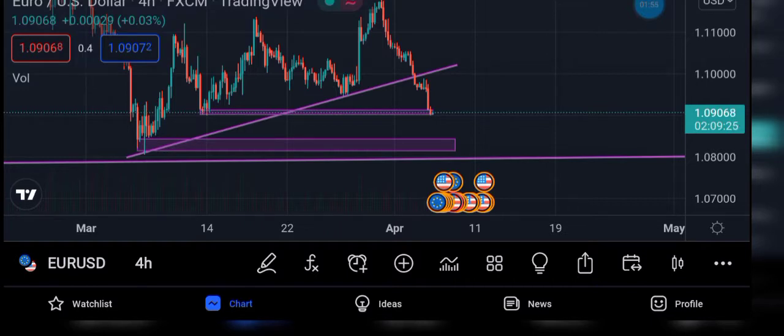You analyze from the weekly down to the daily, and then maybe you take your trade from hour 4. But if you're a day trader, you can analyze from day 1, then check the recent trend of the market from hour 4, and minute 30 or minute 15 could be your entry time frame.